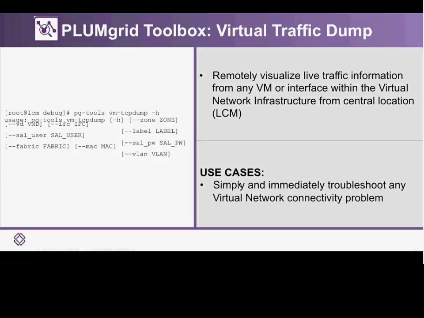So, again, same use as TCP dump. You have a connectivity issue. Something has been misconfigured. You need to figure out who is sending packets, who is receiving packets, and why things are not working the way you expect. This brings you that level of visibility into the VNI, very effectively enabling you to see what traffic is flowing in and out of any VM or any interface.